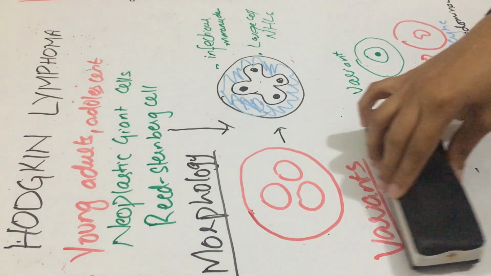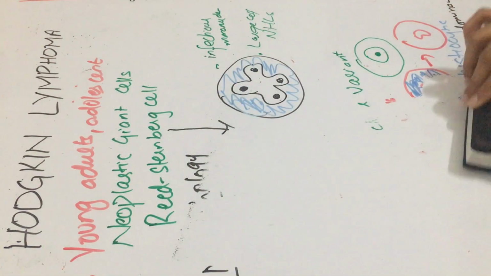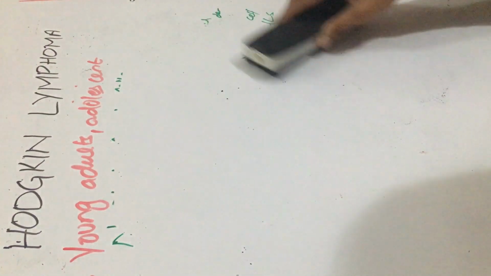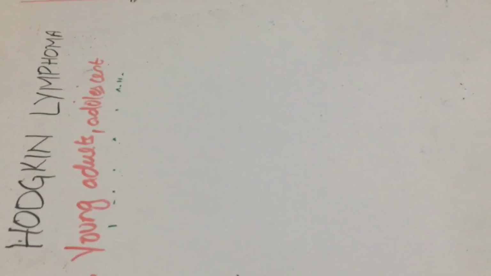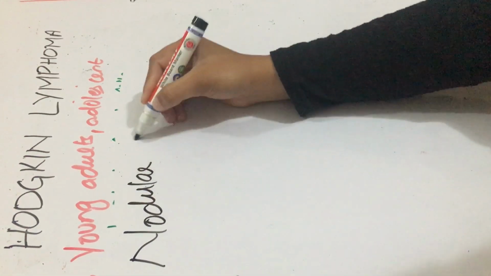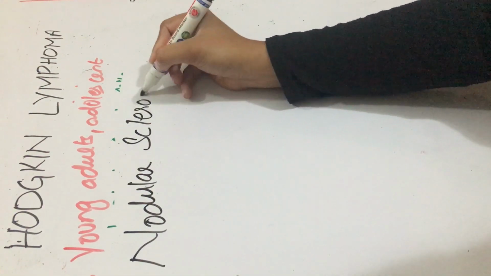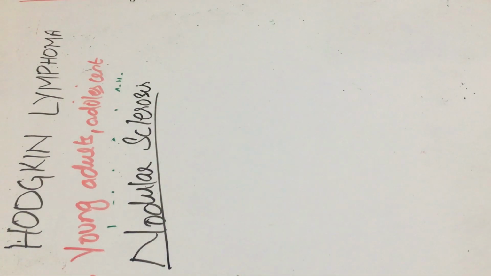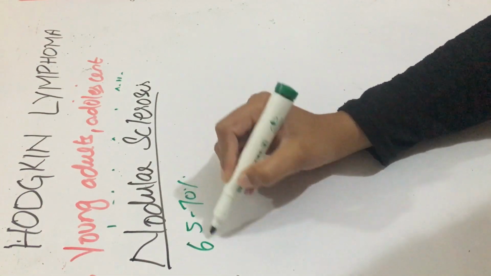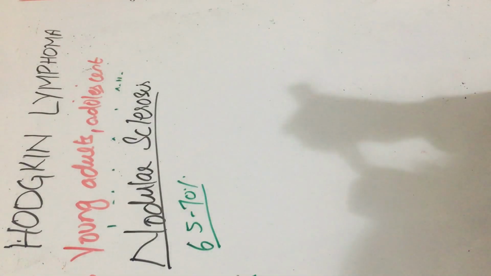Now we discuss nodular sclerosis, a subtype of Hodgkin lymphoma. In about 65 to 70% of cases of Hodgkin lymphoma, there would be nodular sclerosis.